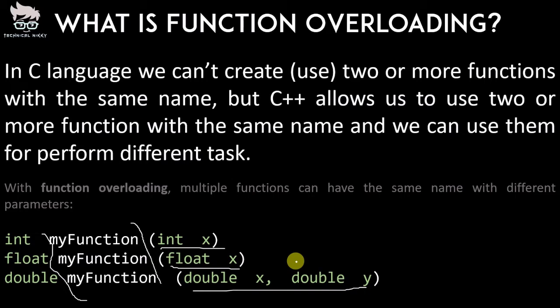So the type of the parameters or their number should be different. If you use a single parameter in a function like int x, you can use a single parameter again, but its type should be different. Here it is float, so it is a valid function.